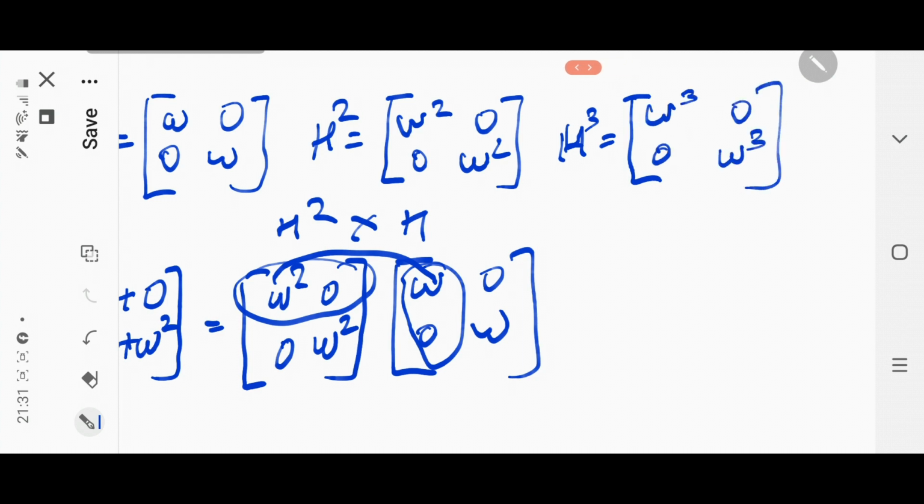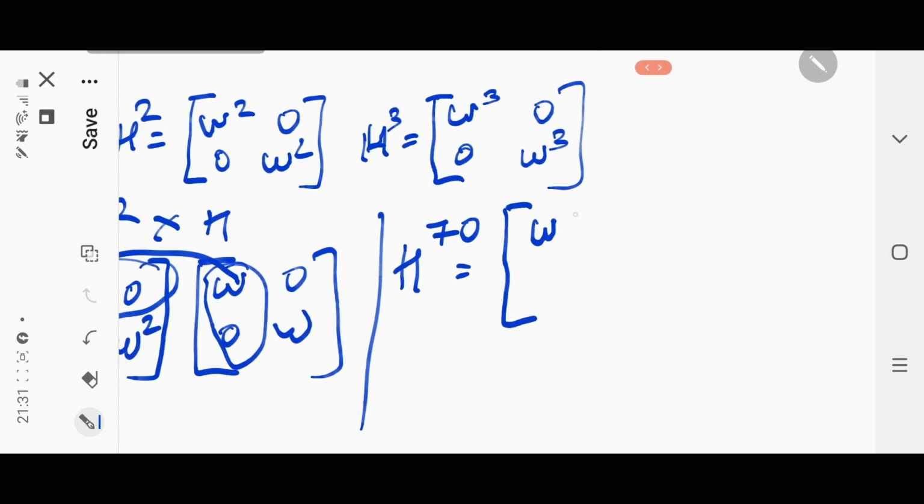Therefore, the question is to find H raised to 70, right? Then the matrix will be omega raised to 70, 0, 0, omega raised to 70.